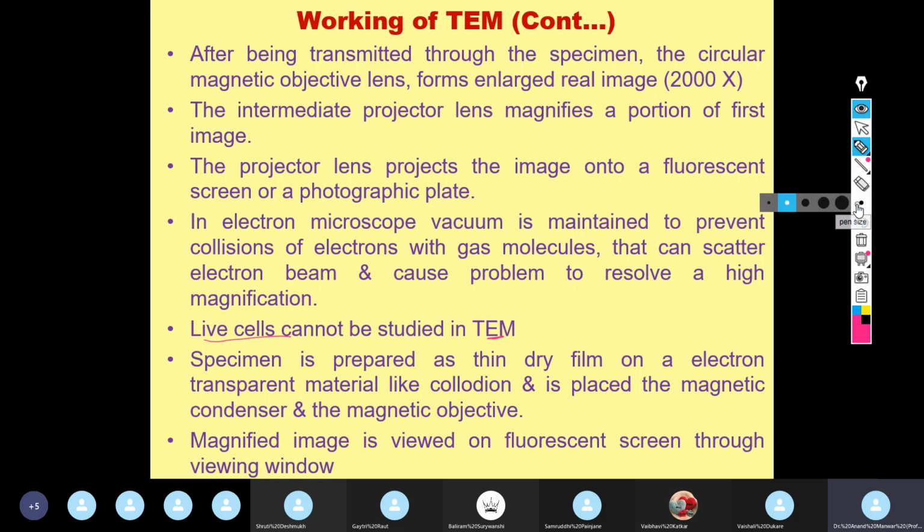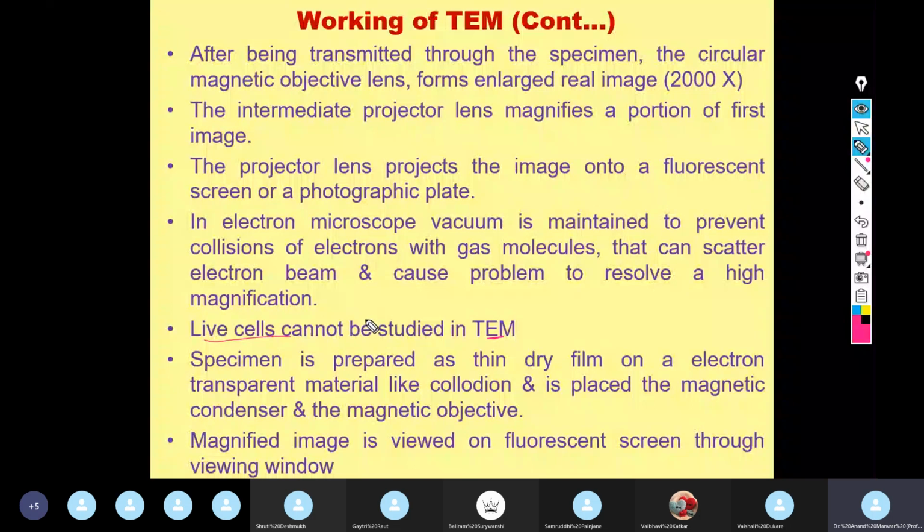Now why not? Because the column is under vacuum and the specimen holder is within the column. So if there is any moisture content, that will damage the whole system.